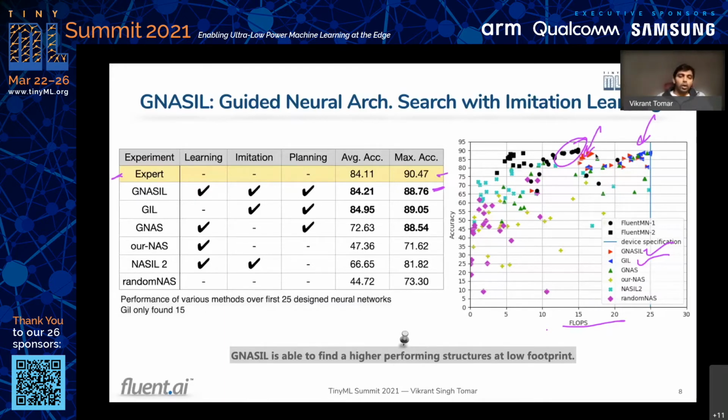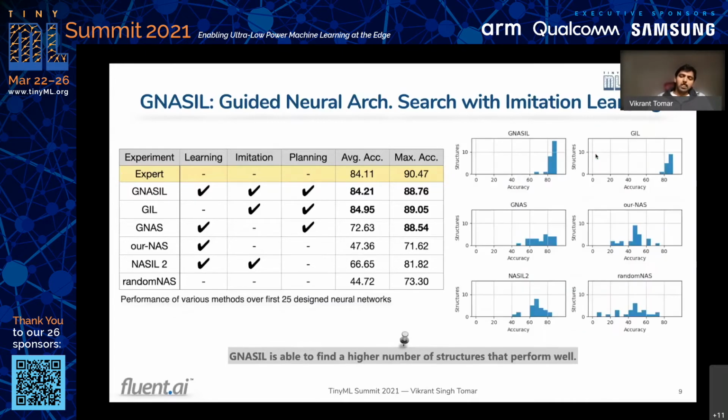The other analysis we did, again, was to further compare learning with imitation and with planning, to see the quality of discovered architectures. If each one of these algorithms designed 25 architectures, except GIL, which was only able to design 15, what is the overall quality of those architectures? If you look at these plots here on the right-hand side, these are histograms with accuracy on the x-axis and how many architectures fall within a certain accuracy bin.